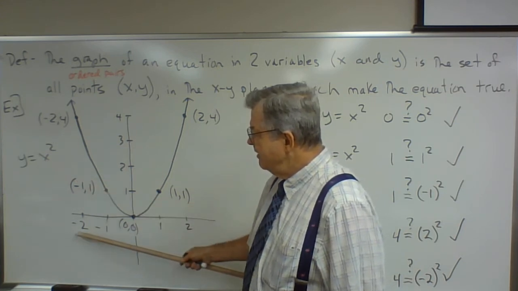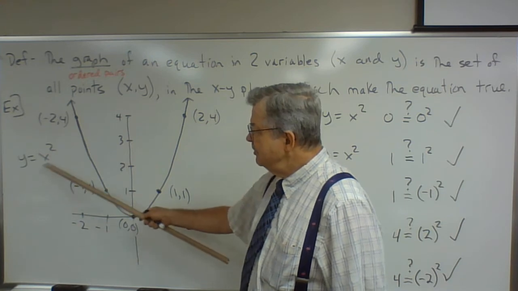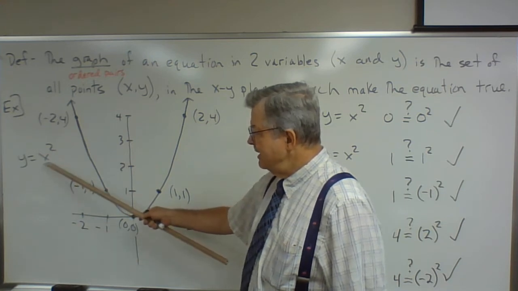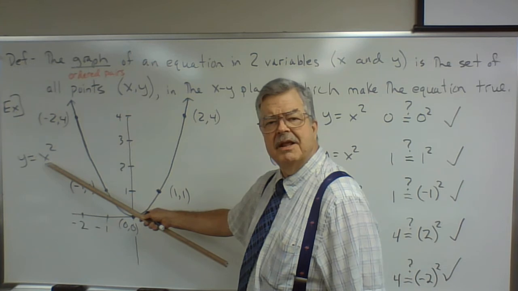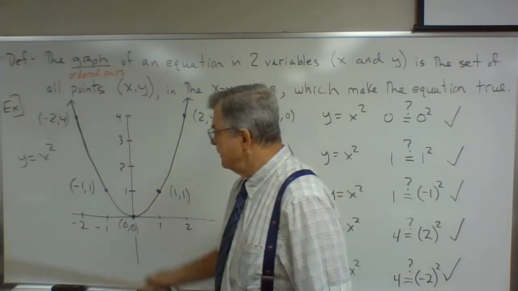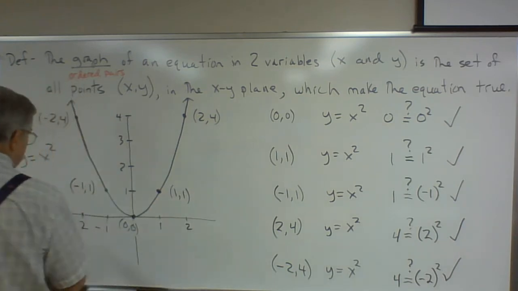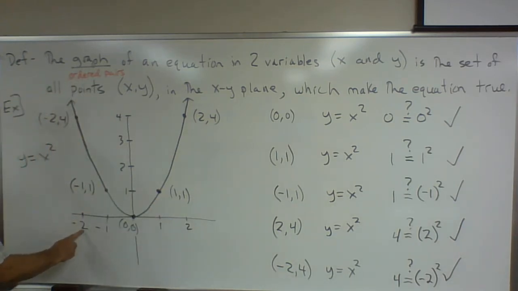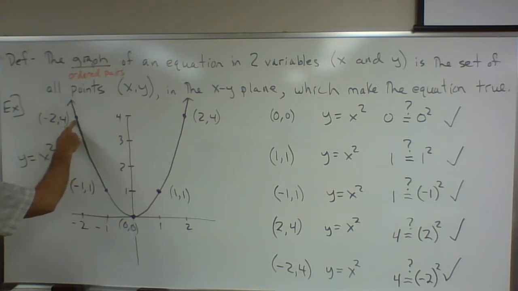So I have -2 squared on the right. And what is that equal to? -2 squared is equal to 4. So that tells me that when x is -2 and y is +4, we have a solution to this equation.